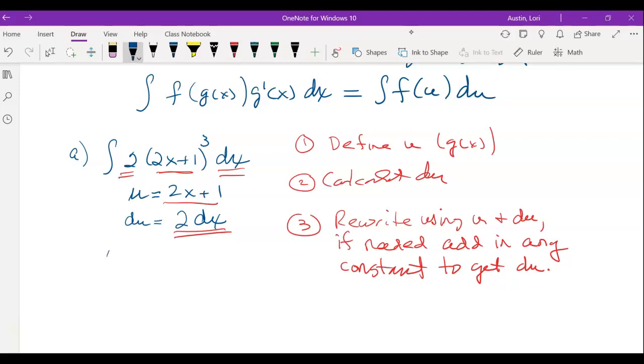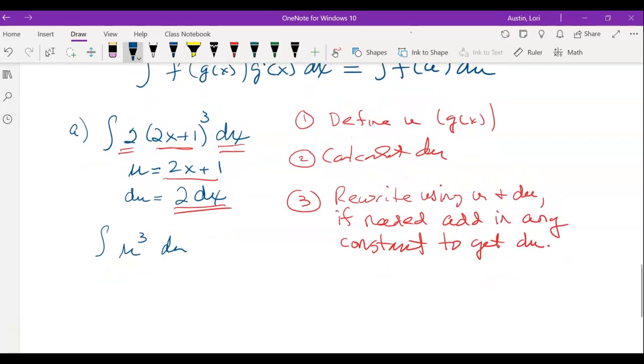So this now becomes the integral of 2 and dx becomes du, of u cubed du. You just simplified it. Now you've turned it into something you can easily integrate. Can you integrate u cubed du? You can absolutely integrate u cubed du.